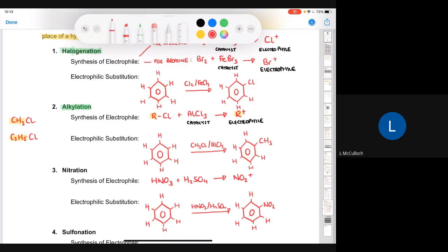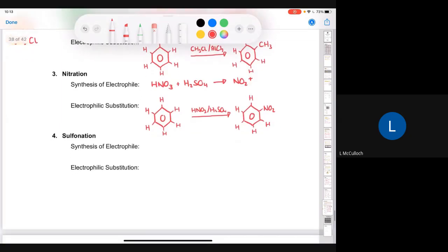Okay, so let's go on to our fourth example here. So we've got a sulfonation, which is probably the most obscure and awkward of the three of them. For synthesizing the electrophile for a sulfonation, we would use concentrated sulfuric acid, and that will produce an HSO3 positively charged ion, which is our electrophile.